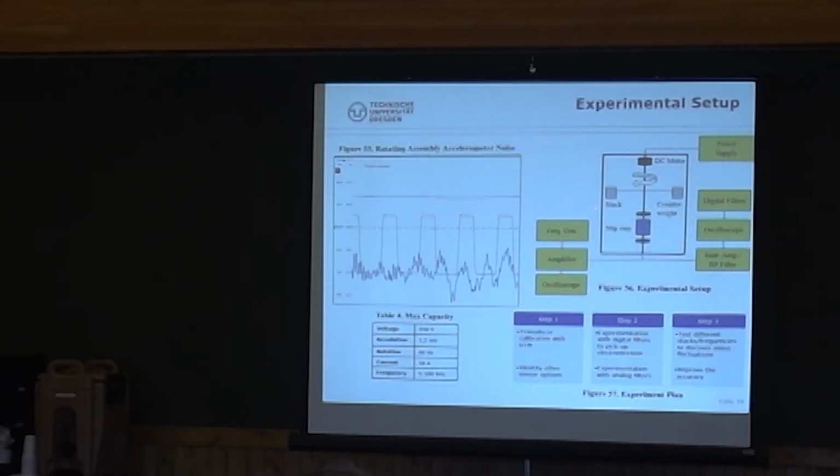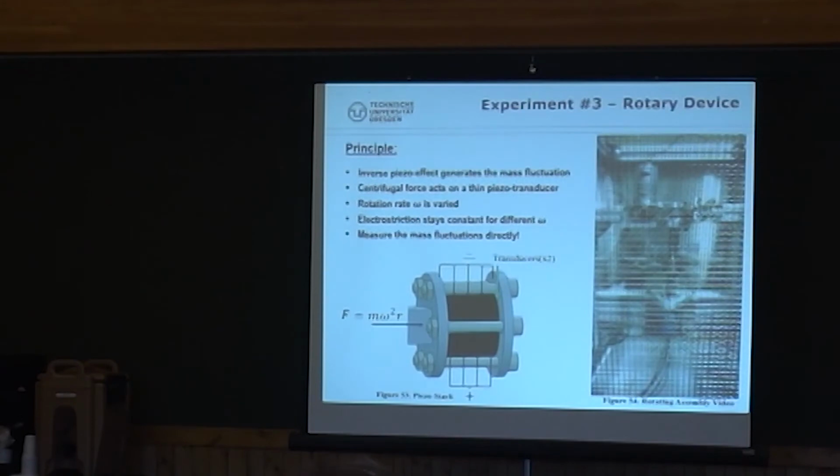How it works is that we have a stack and a counterweight so that it's balanced and we don't have eccentricity. And in that stack we have a piezoelectric stack and a transducer, or a strain gauge, and this is also clamped. It's basically like the Woodward Thruster.